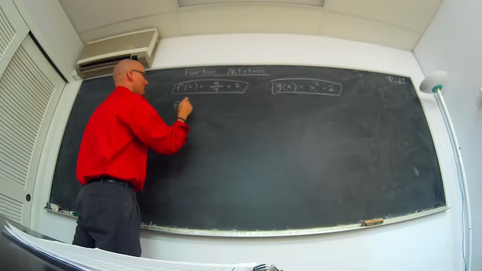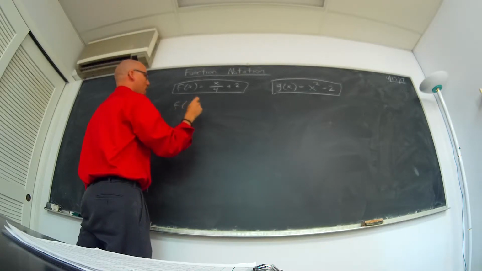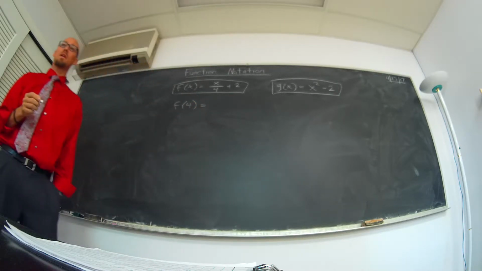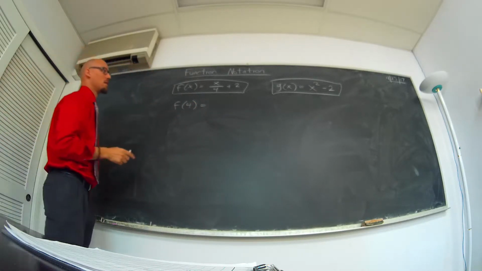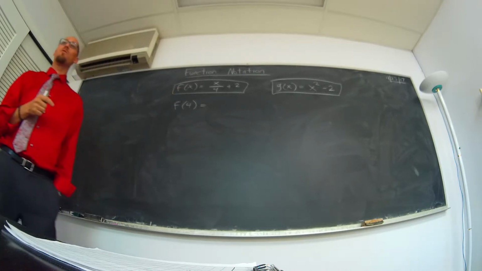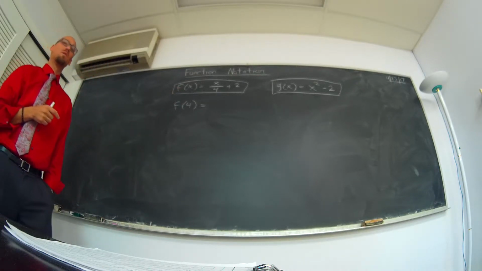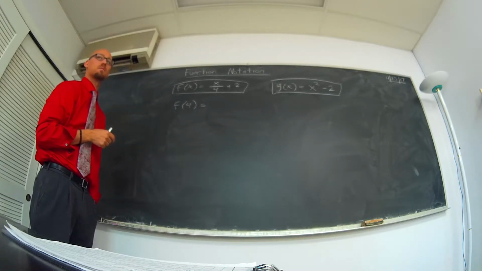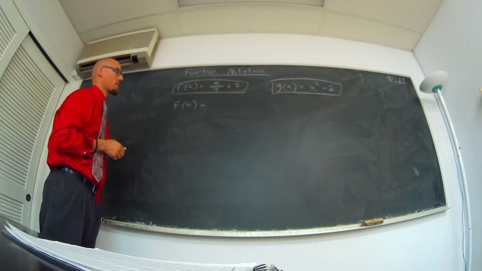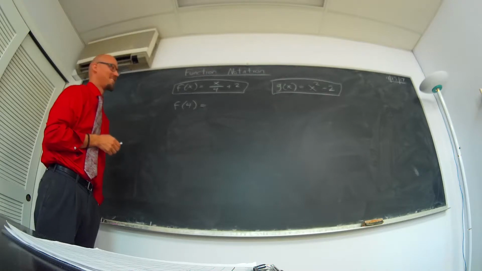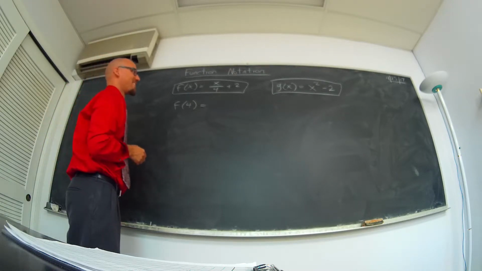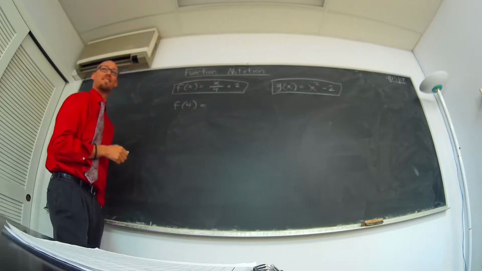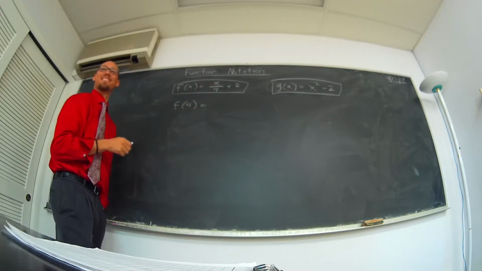So I can say f of 4. Connell, can you evaluate this function at 4? So that means plug in a 4 wherever the x is. The x in the numerator will become 4.